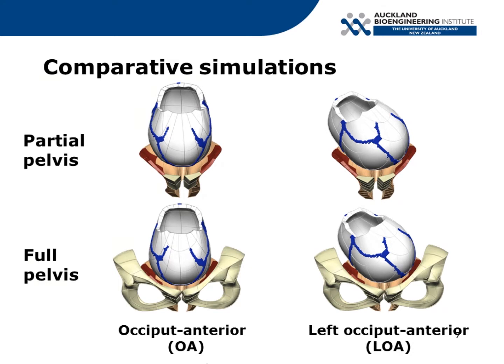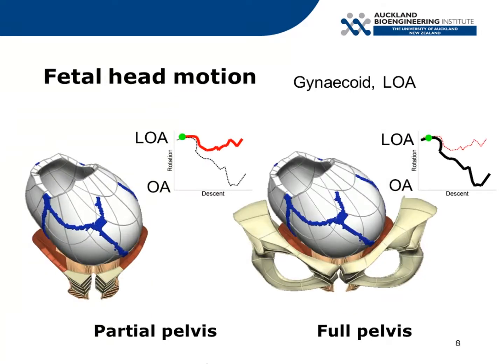One was a partial pelvis and the other was a full pelvis. The 2 most common positions, occiput anterior and left occiput anterior positions, were studied. And the blue lines mark the significant sutures and fontanelles on the fetal head.